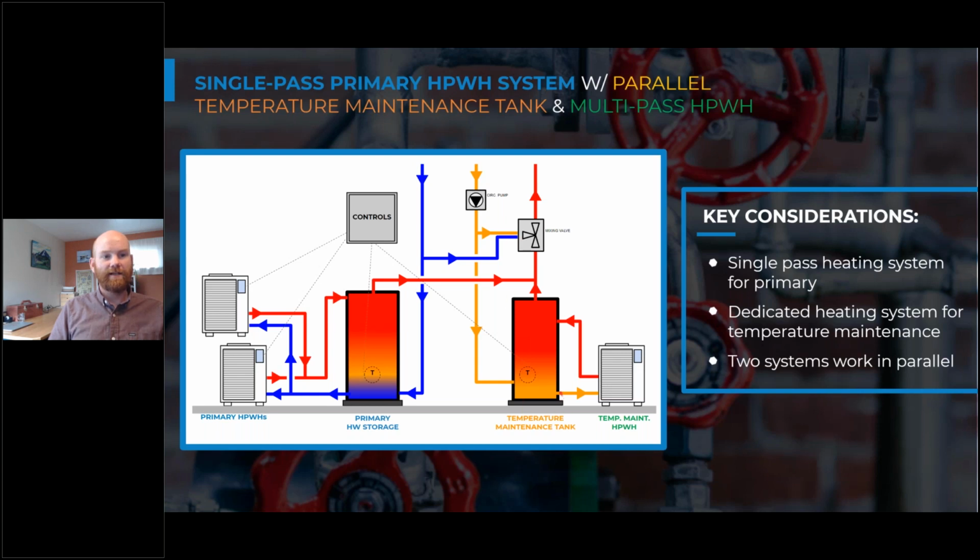Then that temperature maintenance heat pump water heater gets a control signal and is configured in multi-pass. So it's trying to put as much heat into that water as possible for a given cycle. The entering water flow rate is unmodulated. It's just trying to dump as much as possible, typically raising that water about 10 degrees Fahrenheit through each pass of that heat pump.